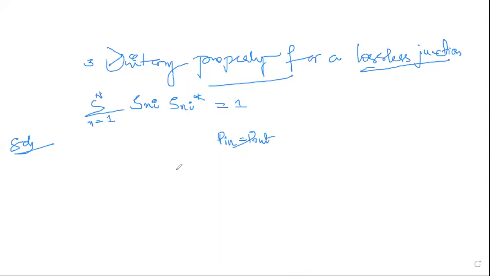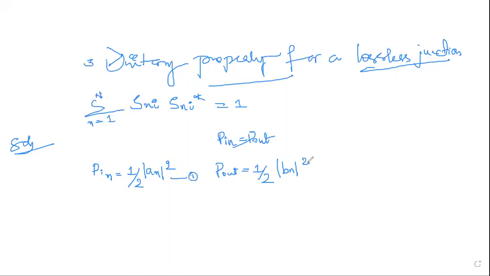In the previous derivations, you have already written the input power, applying the concept of RMS voltage. If An is the amplitude, P input is equal to half into magnitude of An square. Similarly, P out is equal to half into magnitude of Bn square.